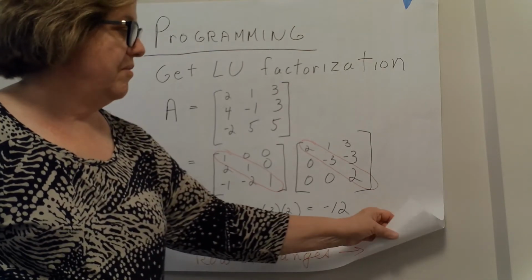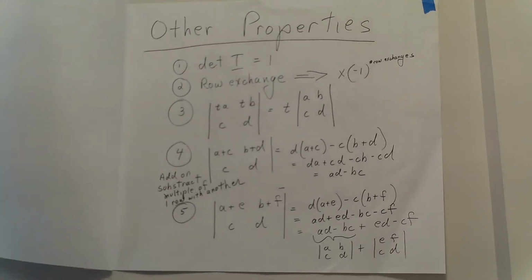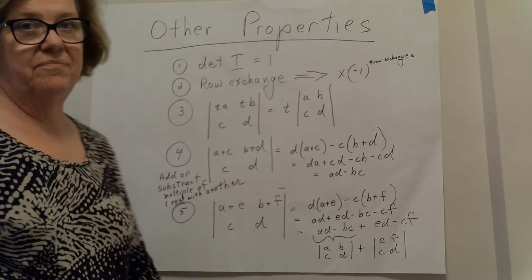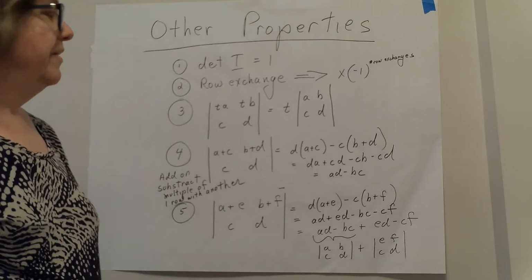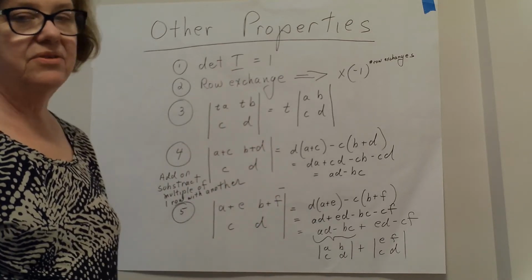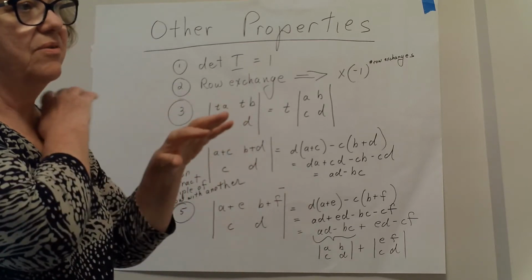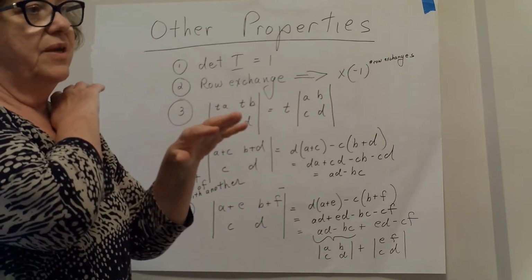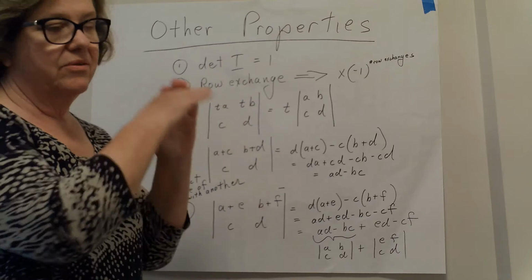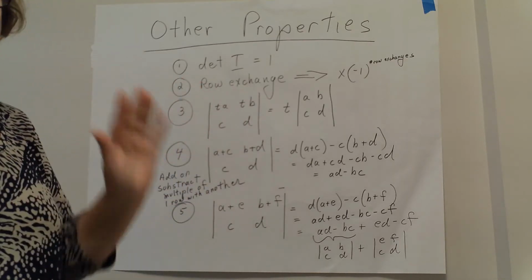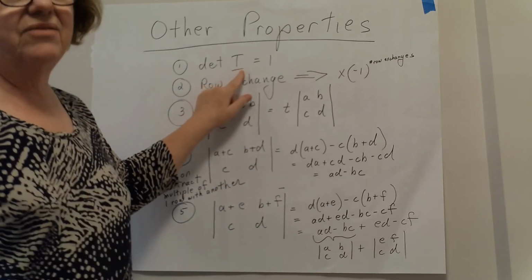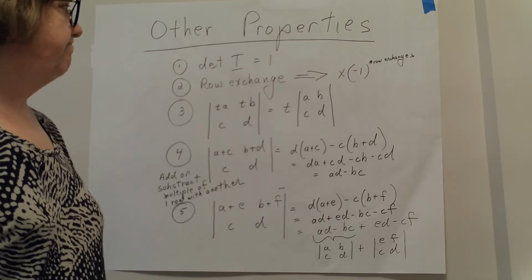Okay, so let's talk about some other properties of matrices. The determinant of an identity matrix is 1. We already know that because if it's upper triangular, lower triangular, or diagonal, you just take the product of the diagonals, and the product of the diagonals for an identity is 1.